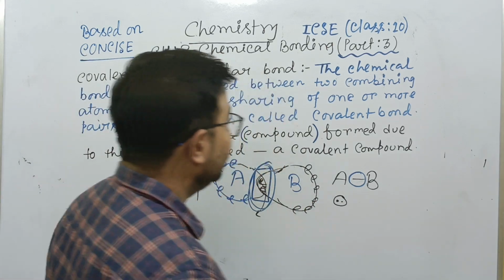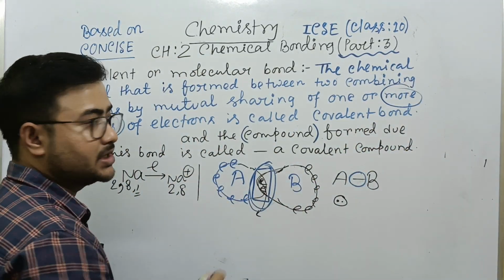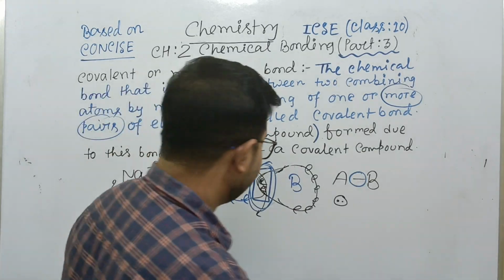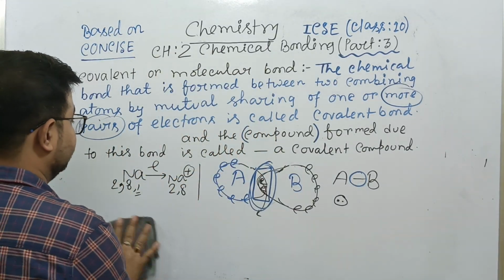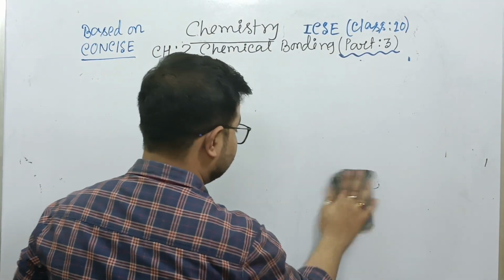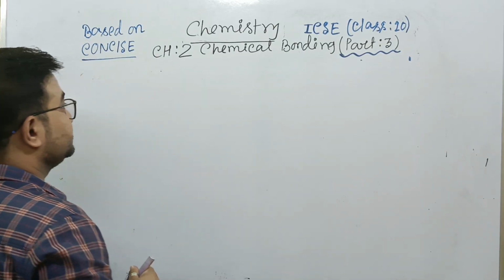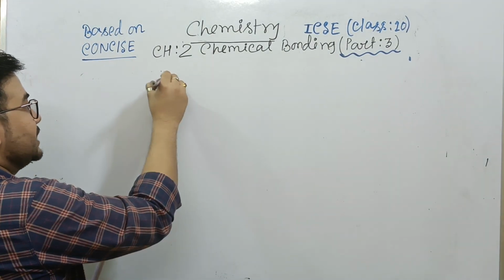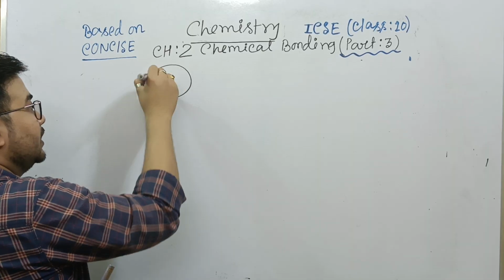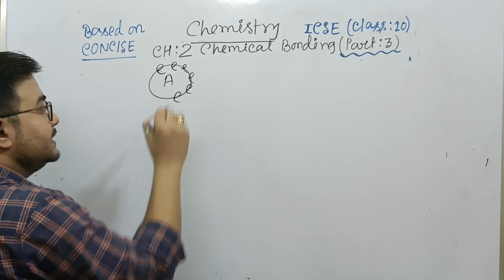Now this word, more pairs, here only one pair. So what is the meaning of this? Look at the board. Okay, first tell me, suppose A, in the outermost shell, has 1 2 3 4 5 6 electrons.